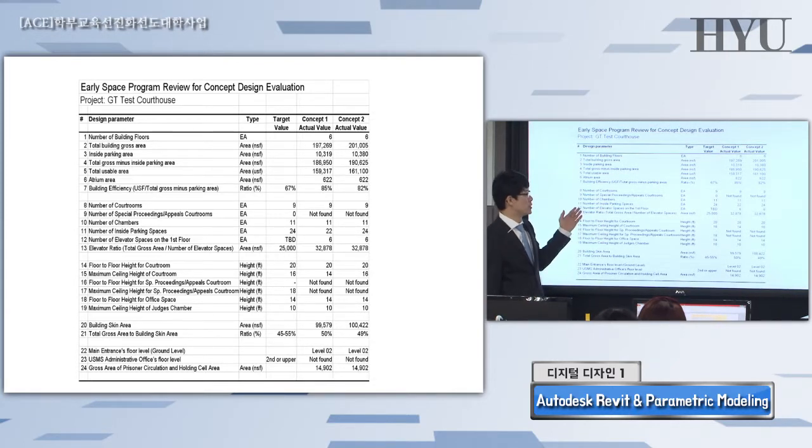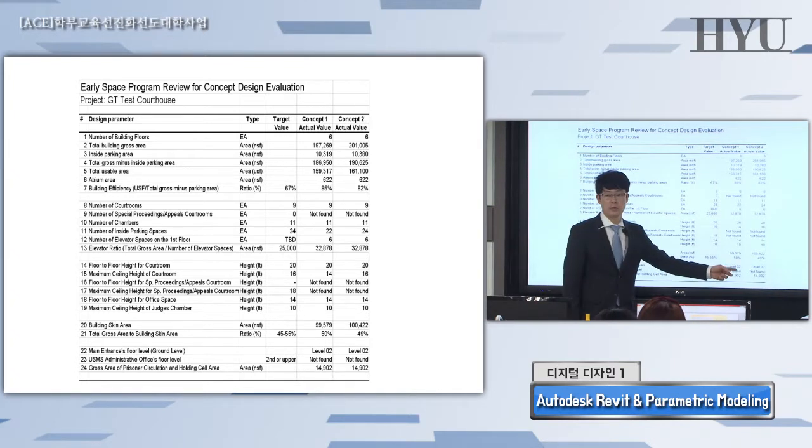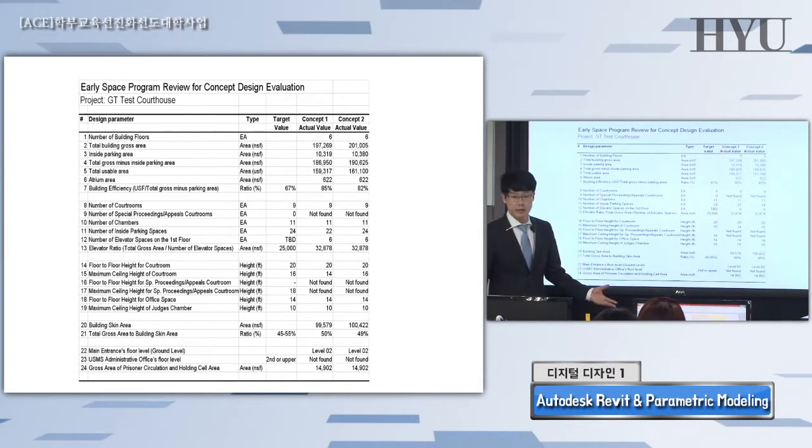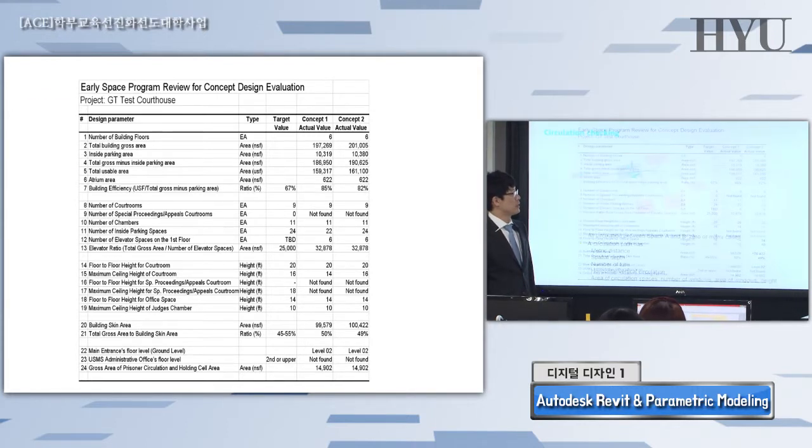So the computer knows how many spaces of interest, the area and ratio, building skin area, main entries, and floor level, whether level 2 or ground level, they can detect it. So this is one example of space validation.